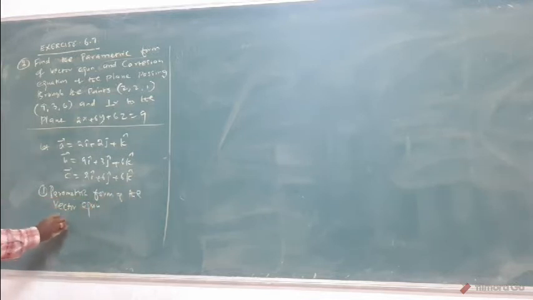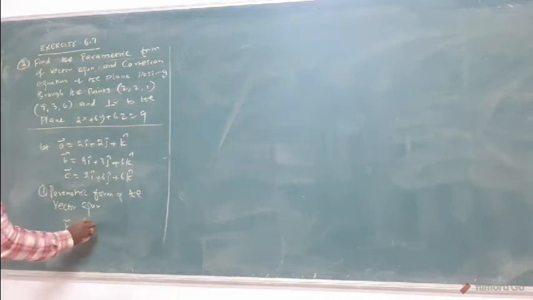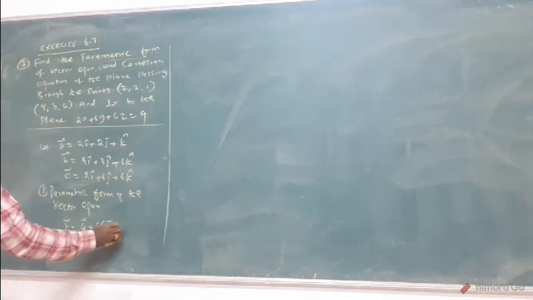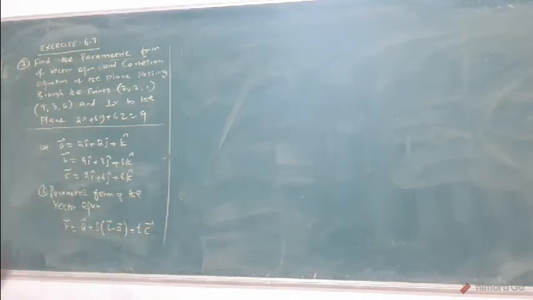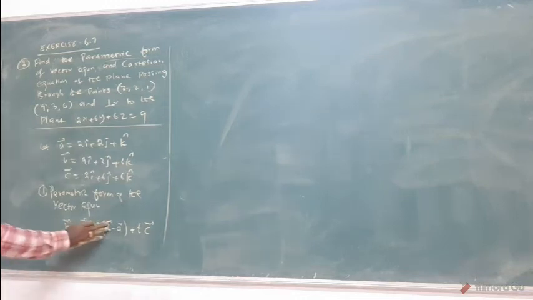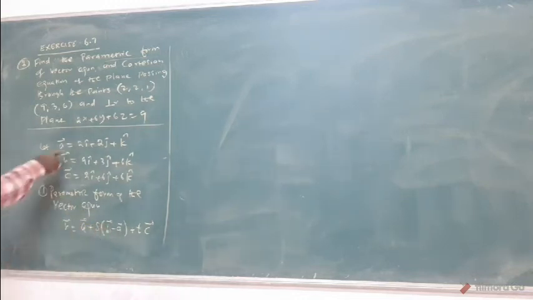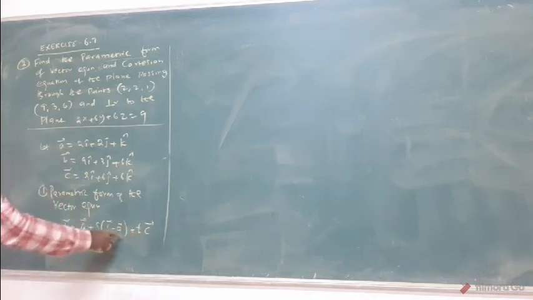What is the formula? R vector equal to A vector plus S into (B minus A) vector plus T into C vector. We have the 2 points, that's why you will find B minus A vector. Am I right? The A vector you will substitute, but B minus A we need.